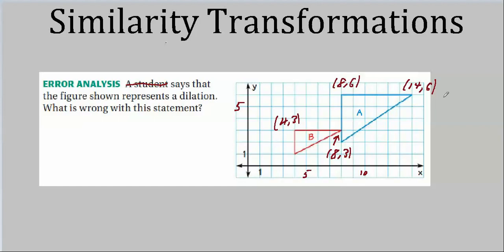That's the mistake. If you just glance at it, it kind of looks like a dilation, but you have to analyze it. And this point to this point, we may still have the same dilation factor as this, but this point here is no good. It needs to be out here a couple of more points, and we'd have it. If this line went like this, and that one like that, then we'd have a similarity transformation. But it didn't, so we don't. That's all you have to do, is just check and make sure that these dilation factors are the same for each point.